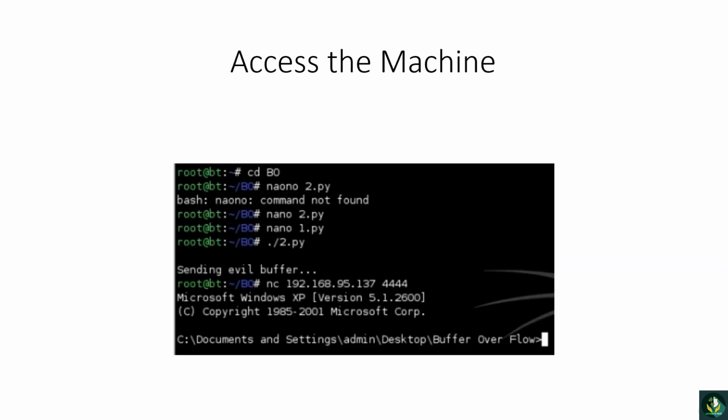We have access to the machine, and I hope buffer overflow is explained well. Buffer overflow is good to learn, because this is a good skill that you should have.